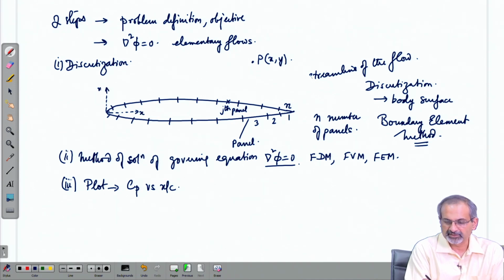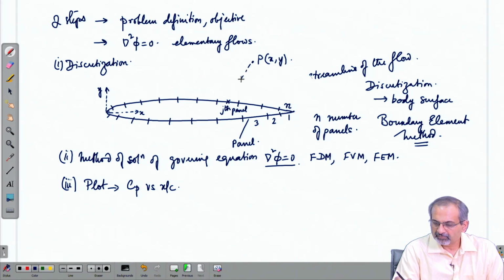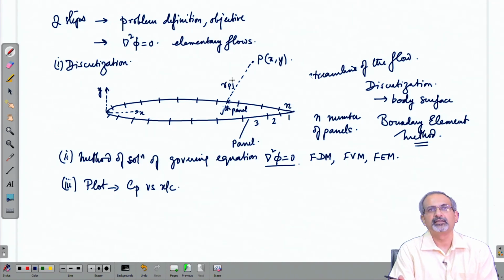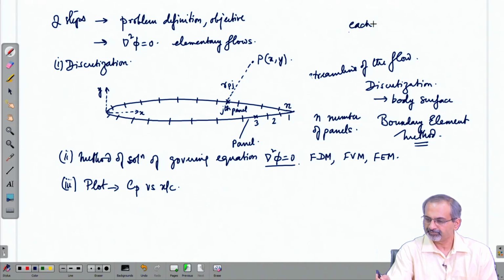We will use an x y system, and this is essentially the location of the point P with respect to the midpoint of the jth panel. Each panel at its midpoint has a control point. Each panel midpoint is a control point.